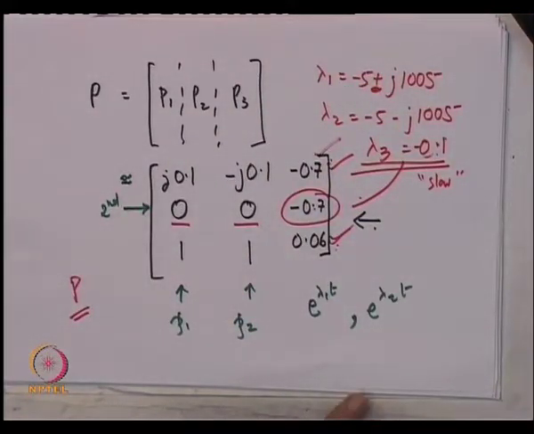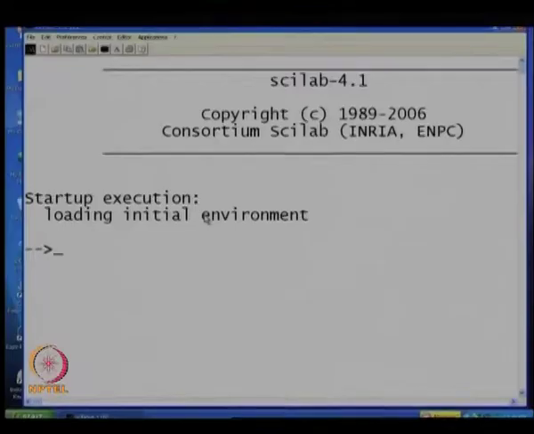So, we will do this computation using Scilab. I will just write down the A matrix first. The A matrix was minus 10, 0, minus 100, 0, 0, 1.